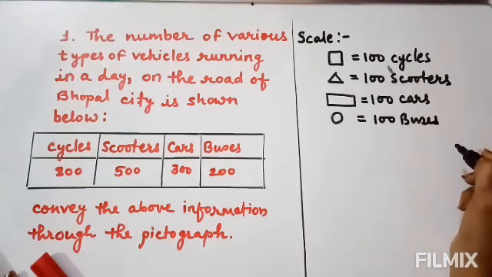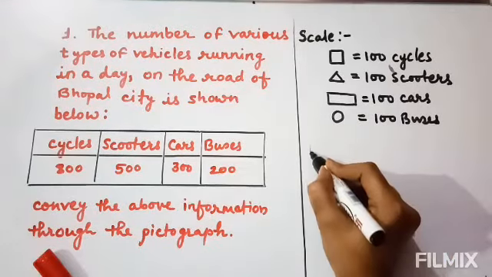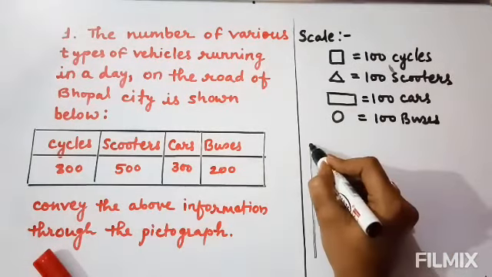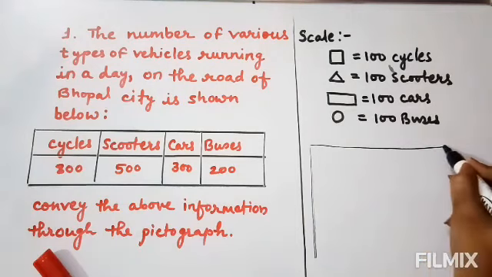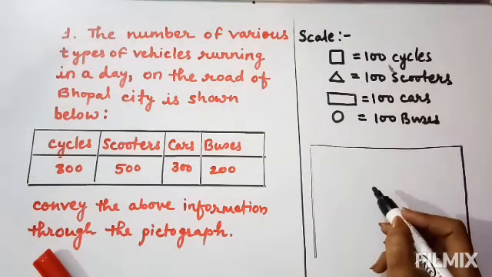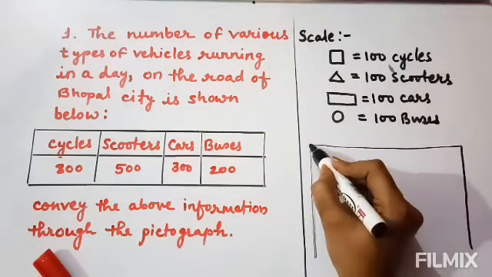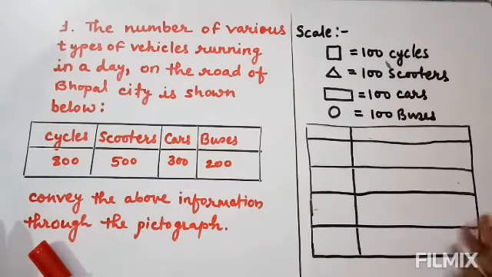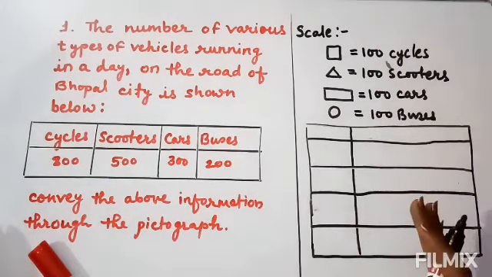Now we will make columns to represent the pictograph. Remember one thing: if the scale is given in the question, then there is no need to choose a scale. If the scale is not given, then we definitely need to choose one. Make columns as I have shown here. Now mention the information given in the question.